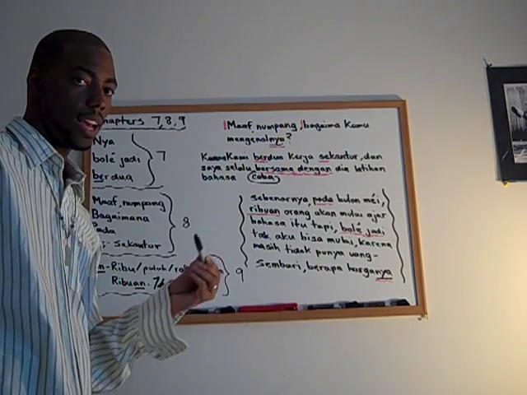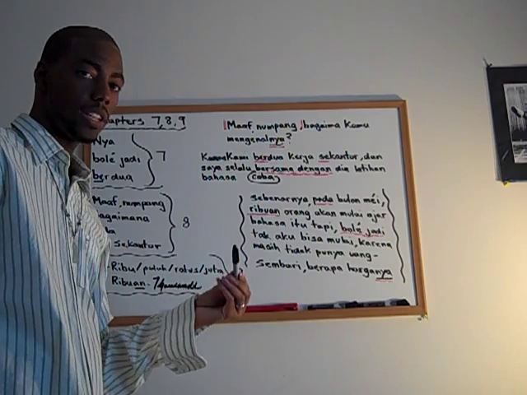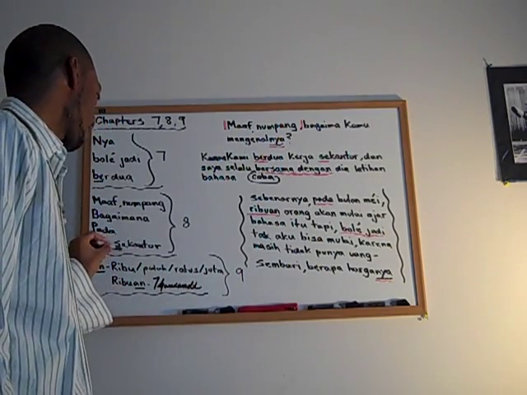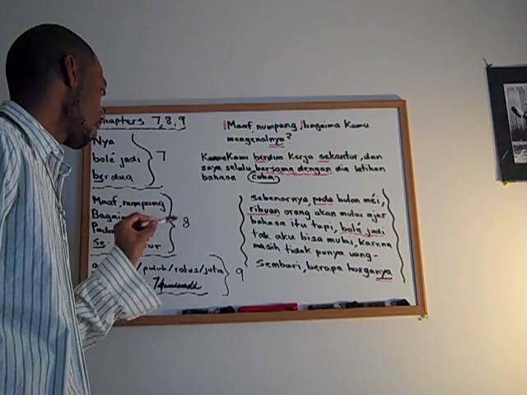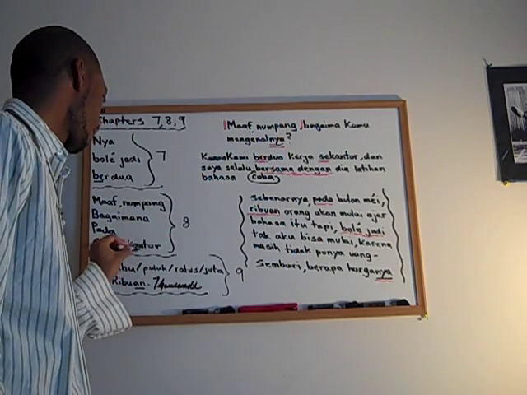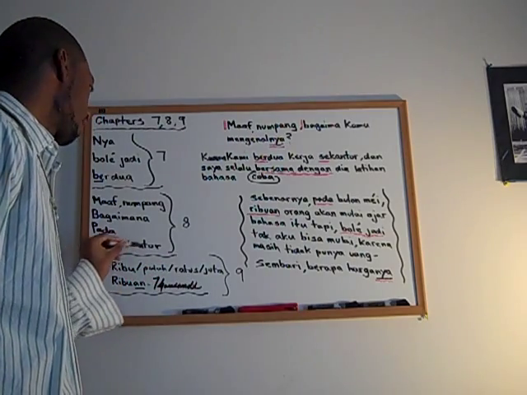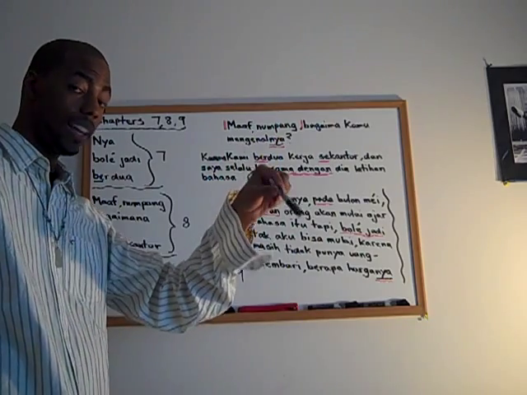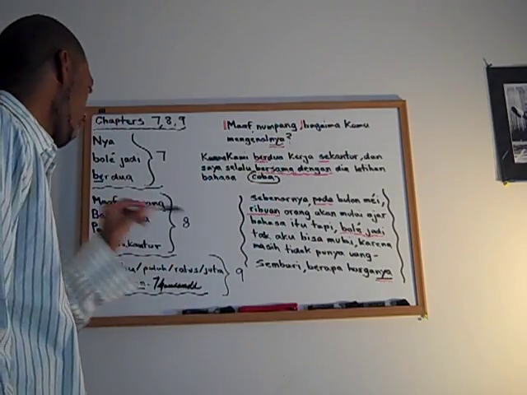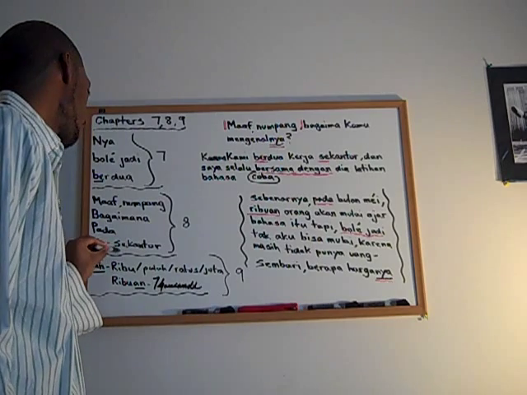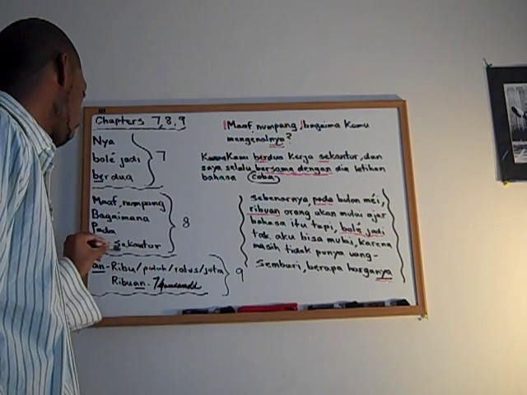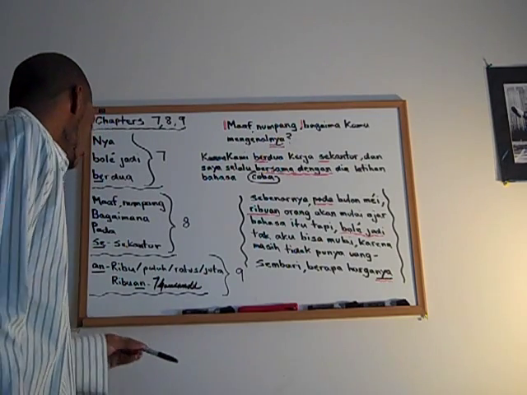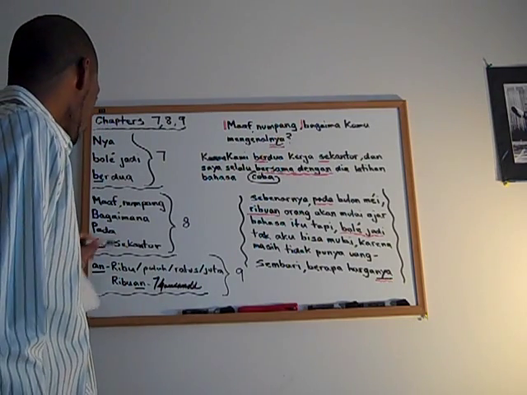If I say saya kerja dengan teman saya sekantor, so I work in the same office as my friend. In Indonesian they have di, which is in, but here you don't have to use the di. It's already implied, so no use of using di sekantor. Sekantor is already saying that. Okay, so that's chapter 8.